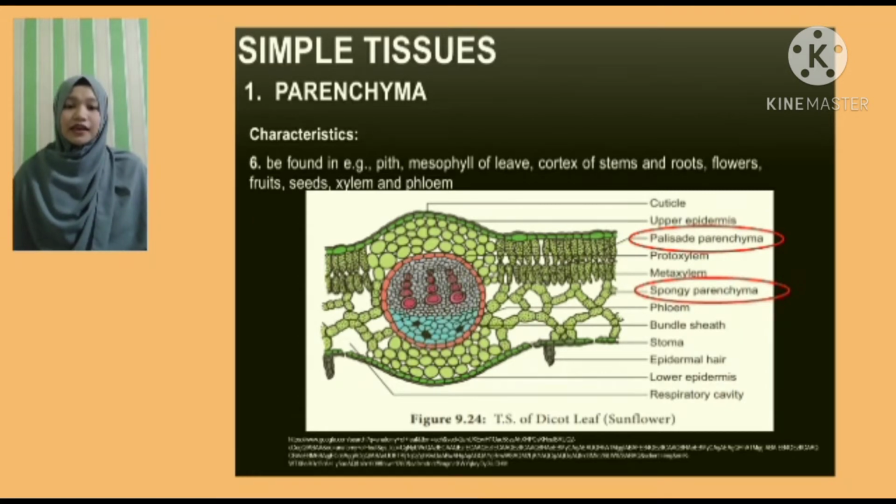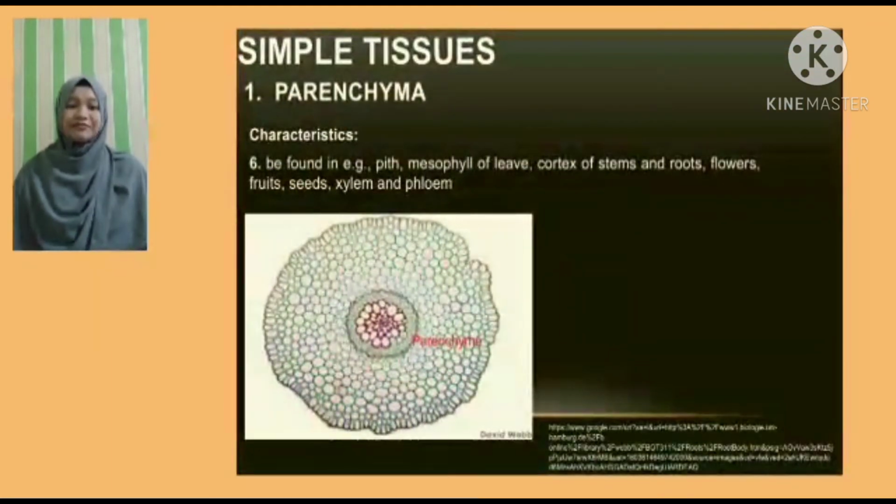It is also able to absorb carbon dioxide to be used in the photosynthesis process. It is found in the mesophyll of leaf, cortex of stem, and roots, flowers, fruit, seed, xylem, and phloem.